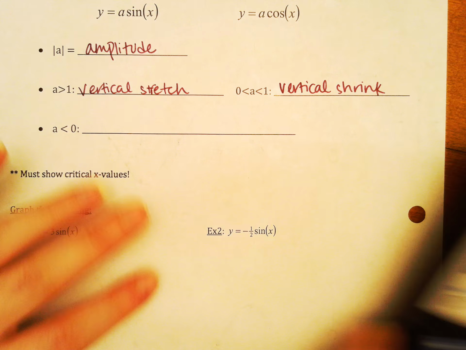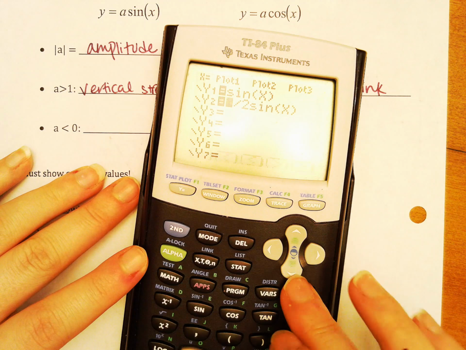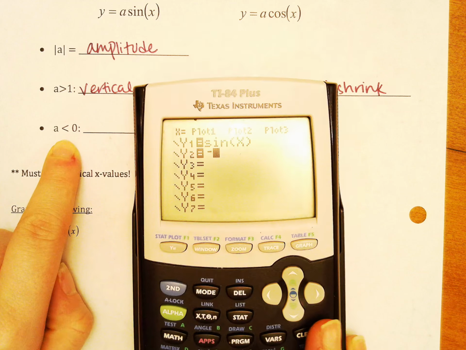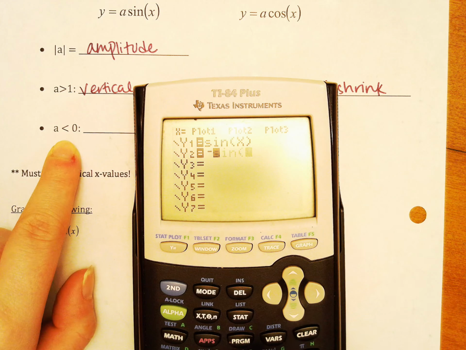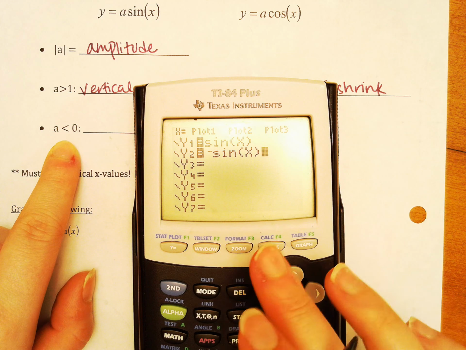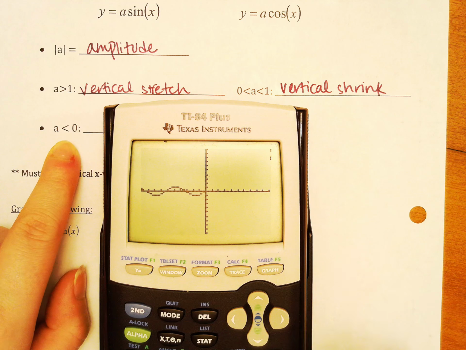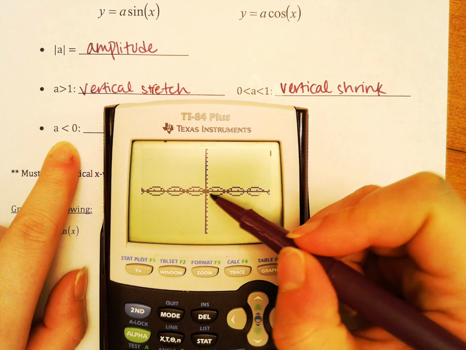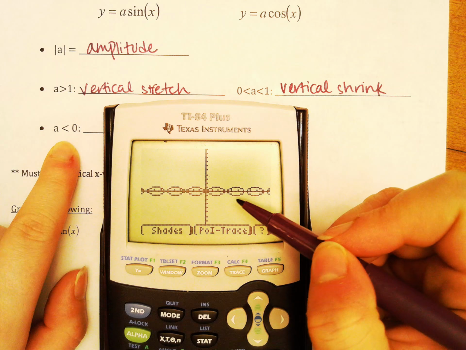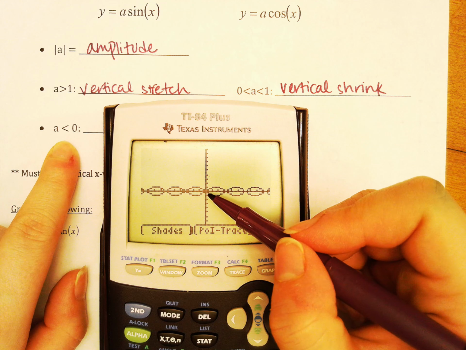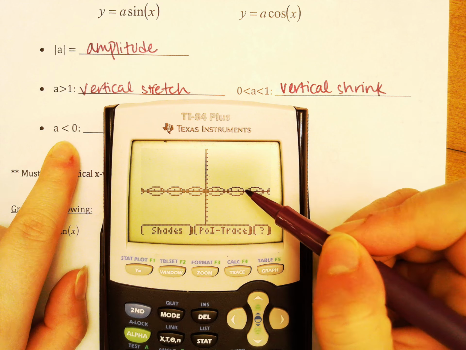And then I'm going to erase this one, and I'm going to make my A value negative, something that's less than 0. So I'm going to just use negative sine x. Again, here's normal. If I have a negative, what that ends up doing is it flips that graph. Here's our normal function where it goes up and then down and then up and then down again, but the negative sine function is going down and then up and then down and then up.